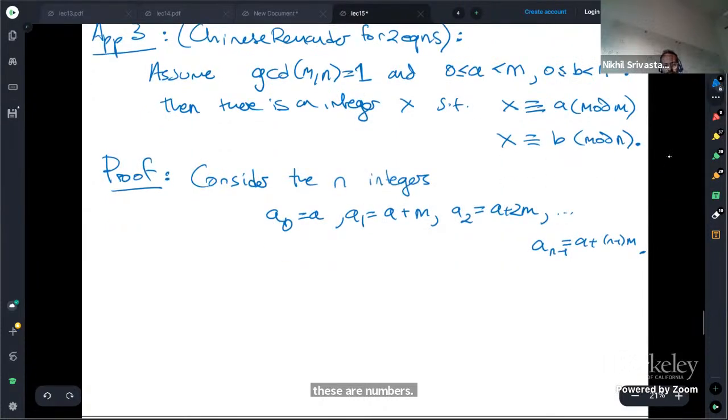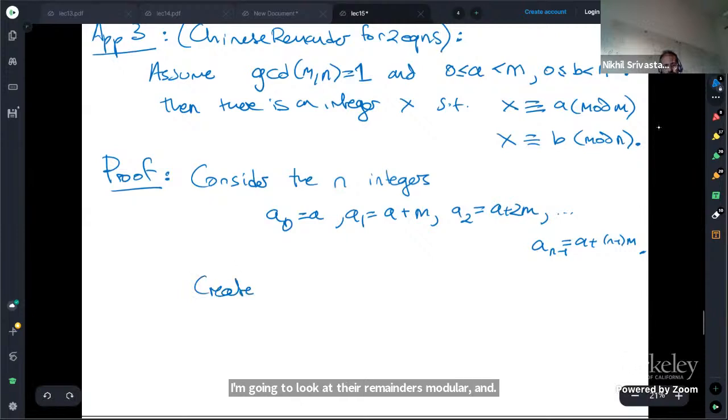Okay, so there are n numbers. And now I'm going to look at their remainders modulo n, right? So create n boxes.